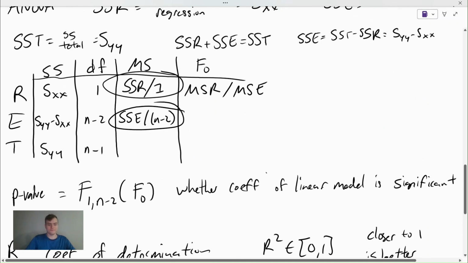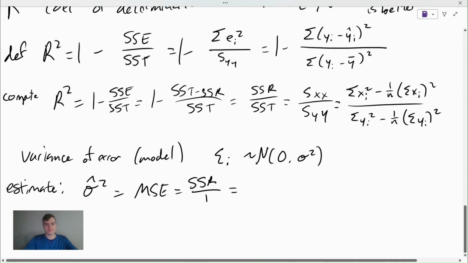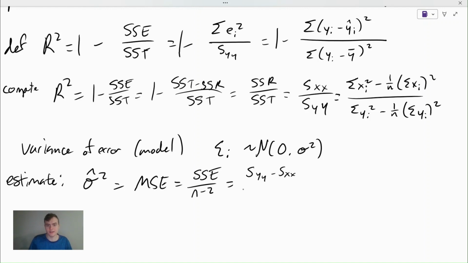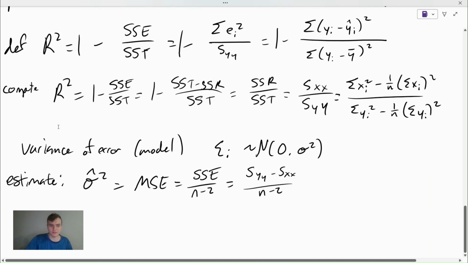MSE is this one. And then, as we were saying, the SSE is the same as SYY minus SXX, over n minus 2. Those could be easily found from the sum of squares and sums.